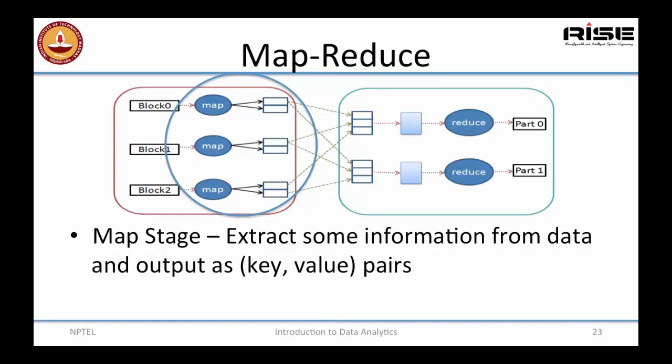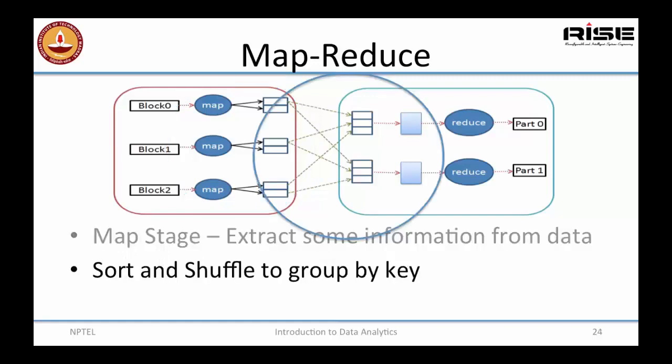In the map stage, each mapper, which runs on an individual machine, takes a block of the data that you have to originally process, extracts some information from the data, and outputs these as key value pairs. The key, as you know, is an identifier. The value is any value that you would like to send along with the key. We'll look at examples later.